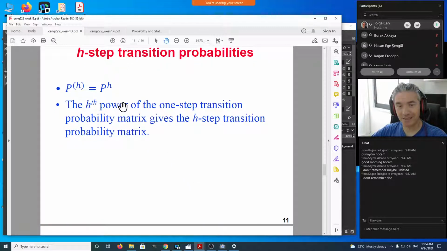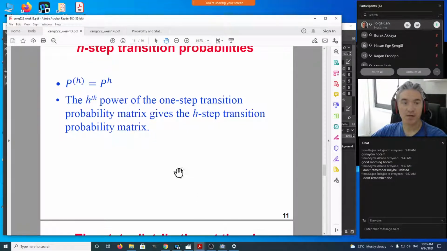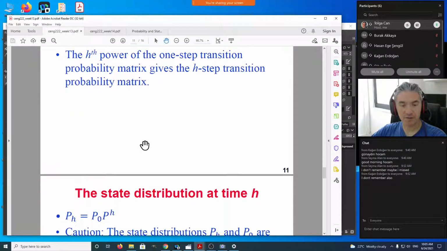We are accumulating all the different paths between i and j which are exactly h steps, because the h-step transition probability tells you the probability to go from i to j in exactly h time steps. Therefore, we have to look for paths of exactly length h, and this h power gives us that.